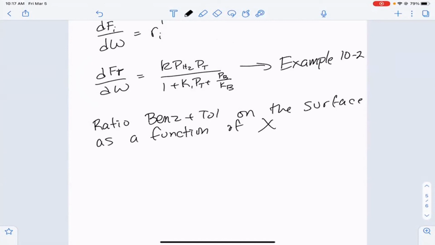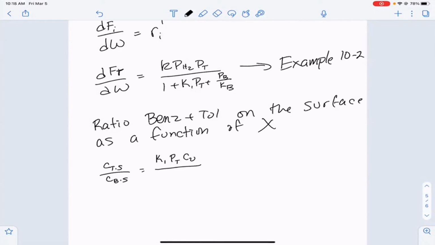And so let's look at this, right? Let's look at the ratio of toluene and benzene. So let's just take CT·S over CB·S. Well, we solve for these, right? We know the concentration of toluene on the surface is just going to be equal to K1 times PT times CV, right? We came up with that relationship at the beginning of our lecture today.